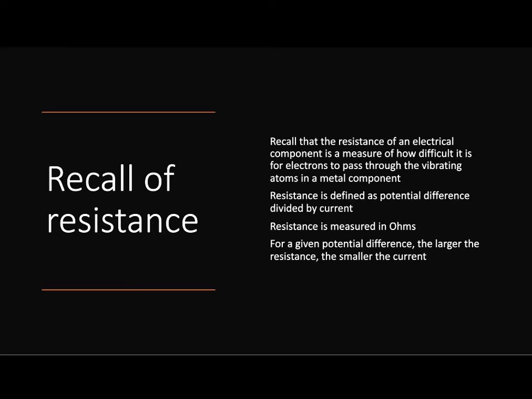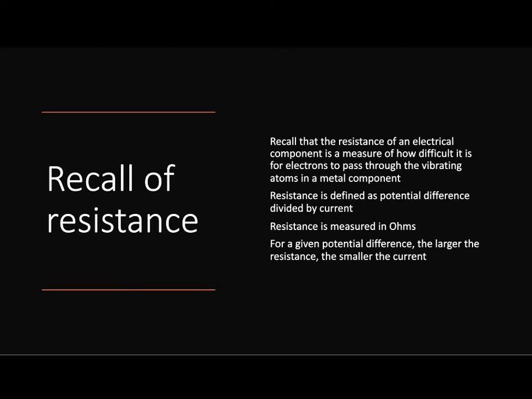If we think about, for example, the metal filament in a bulb, as we start to pass electrical charge through that, that excites the atoms in there. They start to vibrate a bit more. Therefore, the electrons that are trying to pass through find that more difficult, and the resistance builds up, and the filament heats up and starts to glow and makes our bulb light.